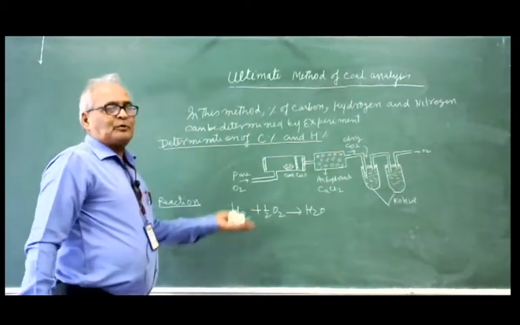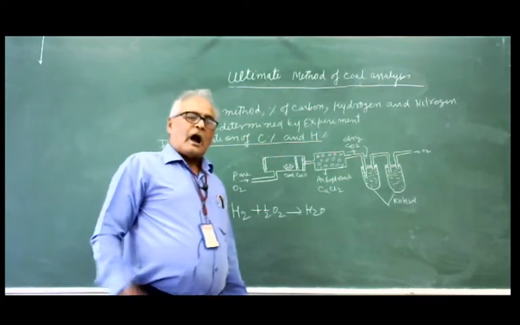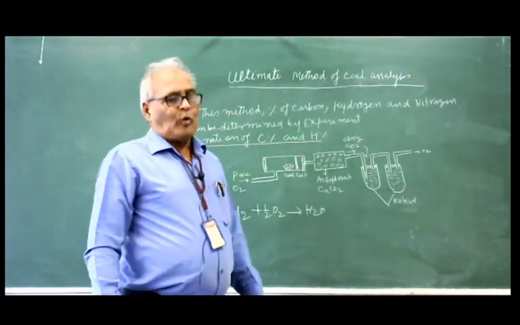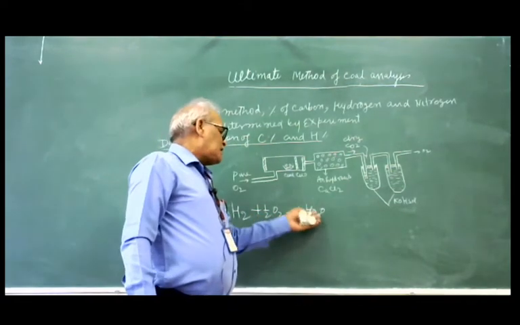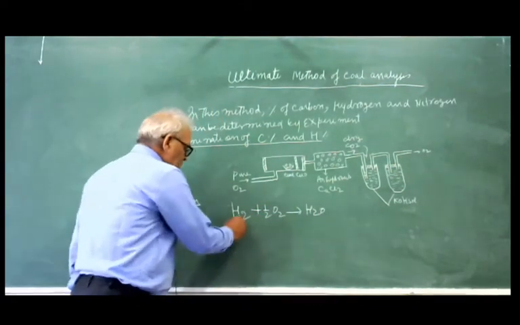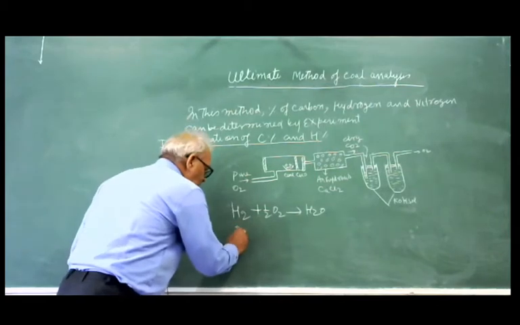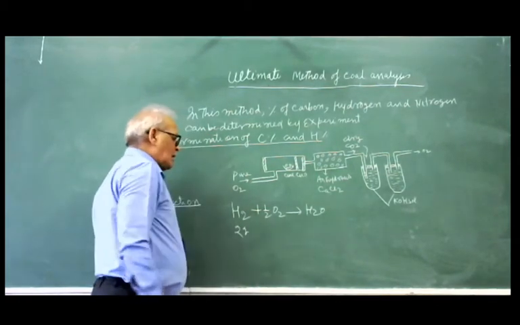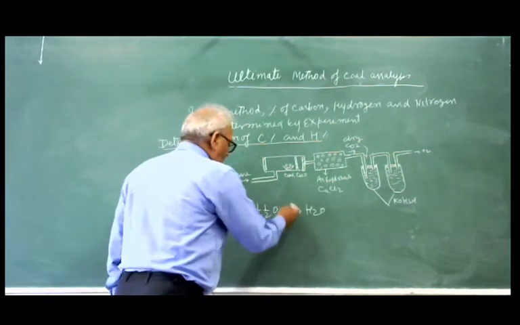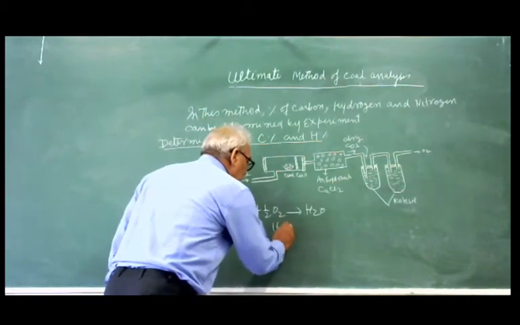This is a very simple reaction. Hydrogen present in the coal will react with the oxygen giving H2O. So the weight of hydrogen is 2, and the weight of half O2 will be 16 gram.